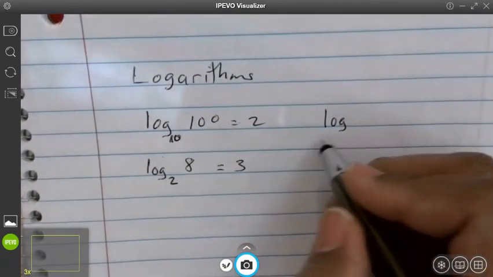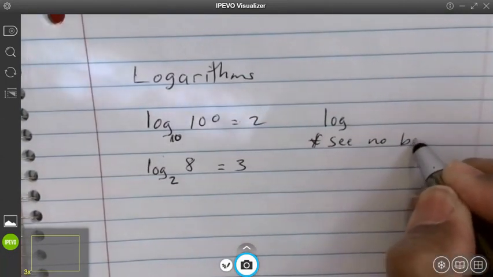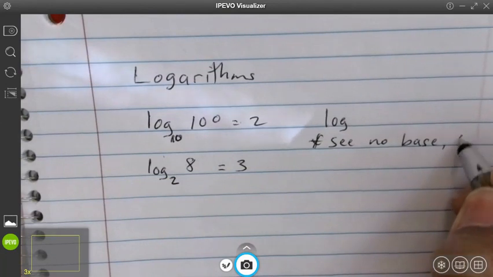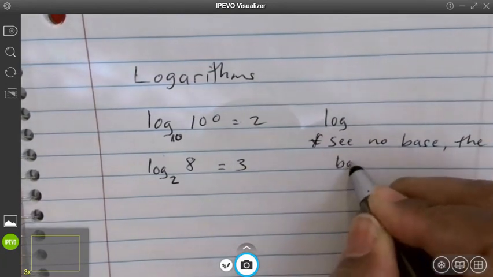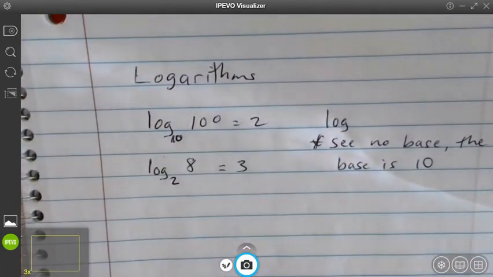So when you see no base, the base is 10. You've got to make sure you know how to say it.